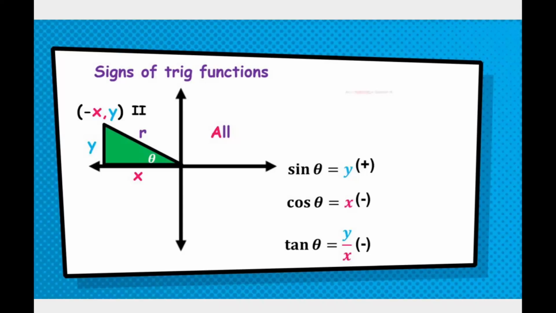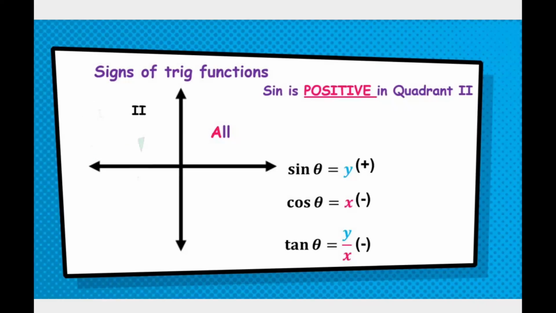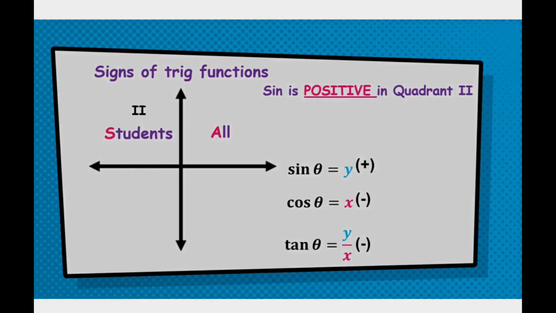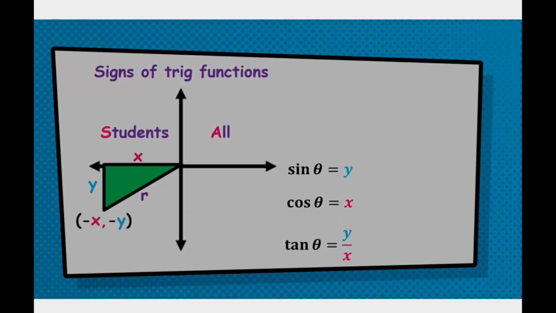In quadrant 1, all of them were positive. Here in quadrant 2, the only one positive is sine. So we're going to say sine is positive in quadrant 2. And we're going to think about it like this. This is our mnemonic device. All students. So A for all, S for sine.